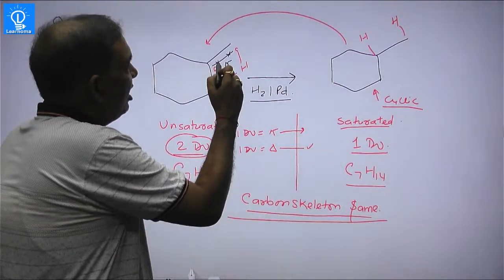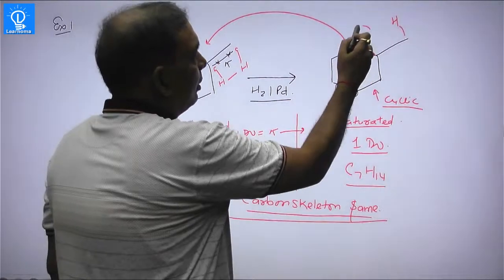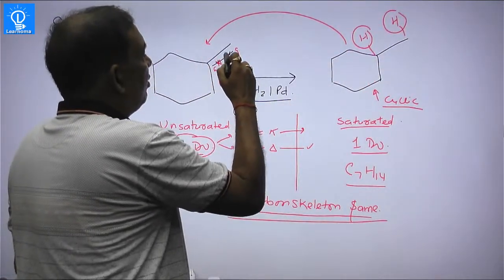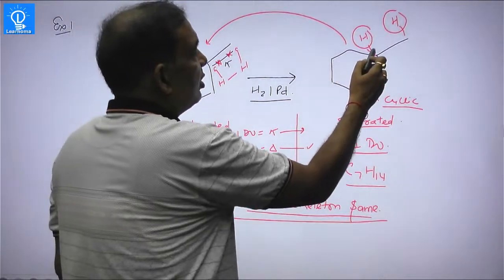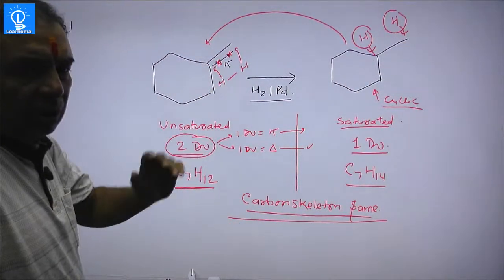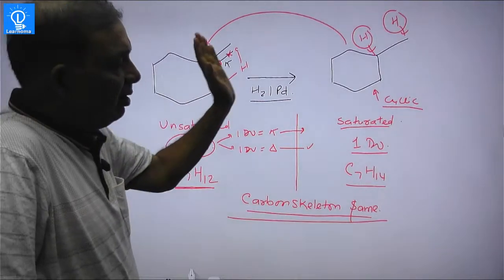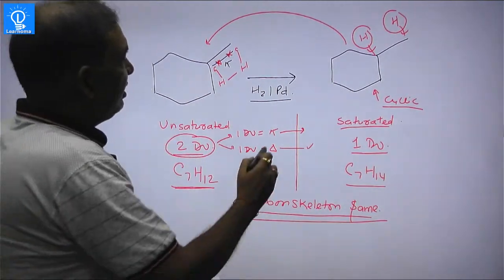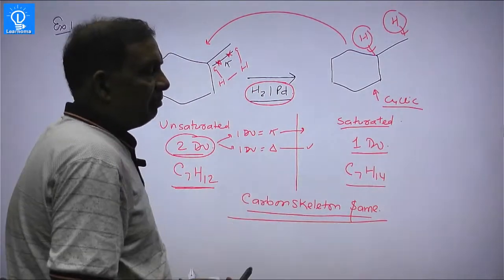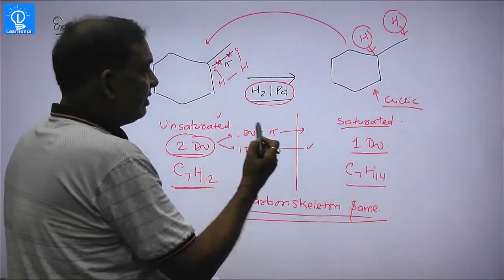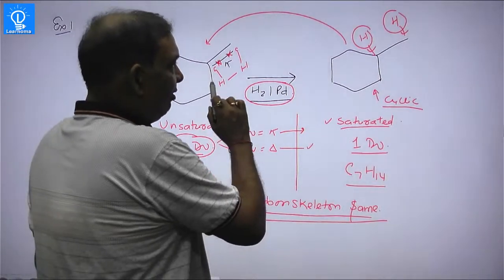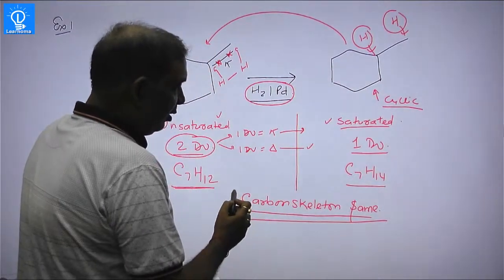In place of the pi bond, we add hydrogen. The 2 valencies that had gone to the pi bond are now converted to sigma bonds. This is called hydrogenation. This is the typical reagent H2/Pd. Unsaturated and saturated. Cycle will not be disturbed, carbon skeleton remains the same.